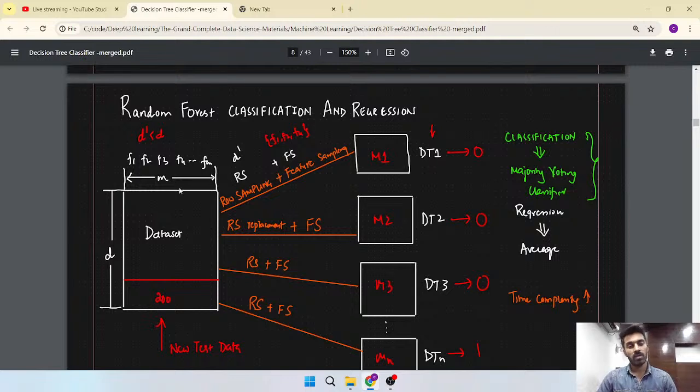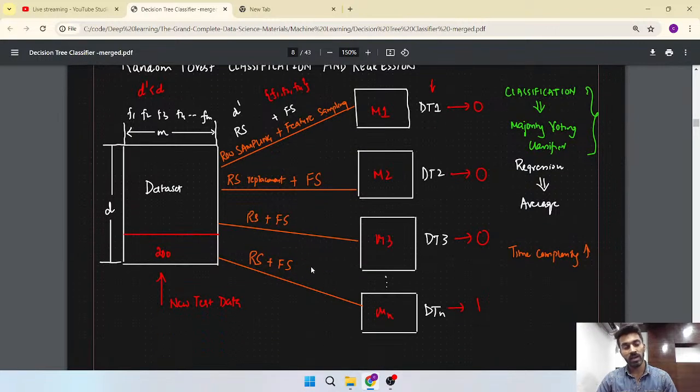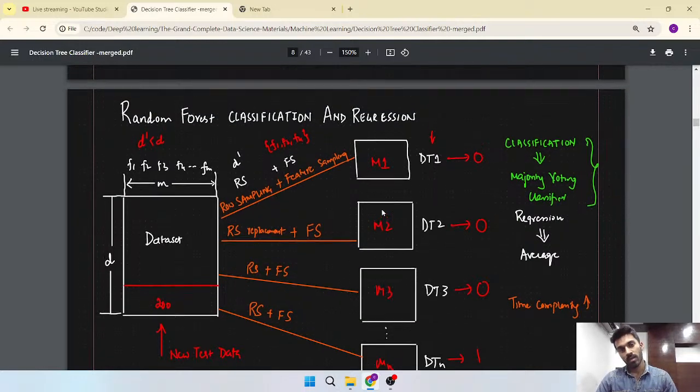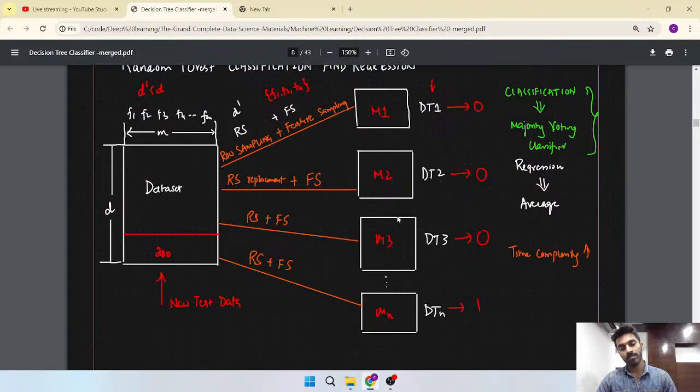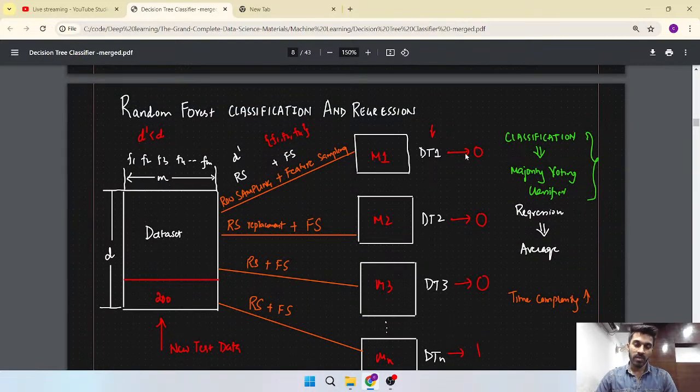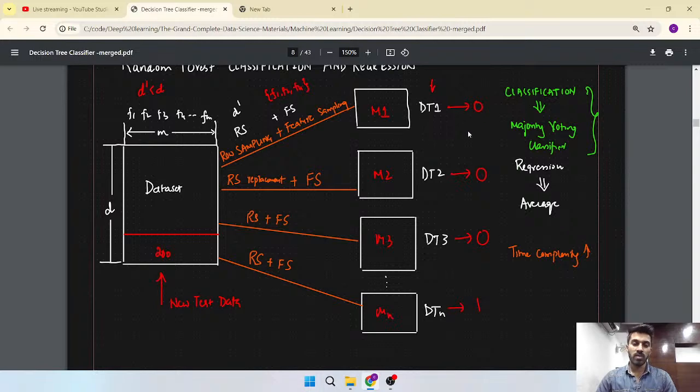We give 100 samples to the first model M1, then randomly shuffle the data again, take another 100 samples and give them to the second model, and continuously we will train hundreds of models. Each will predict some output according to its data, and then we take the majority vote.